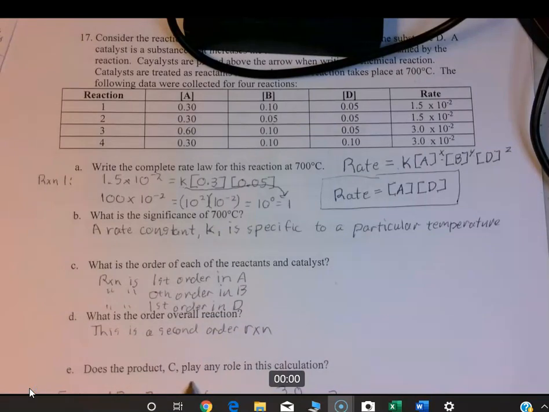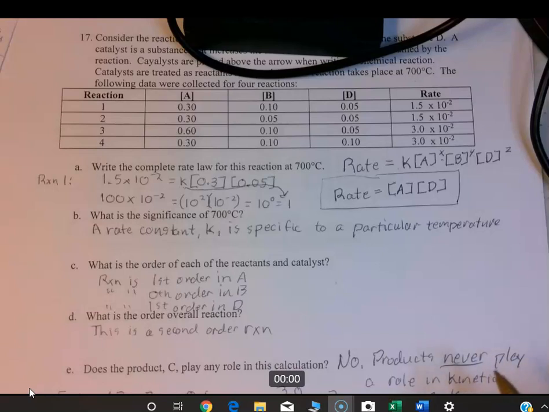Okay, does the product C play any role in the calculation? No. Products never play a role in kinetics calculations.